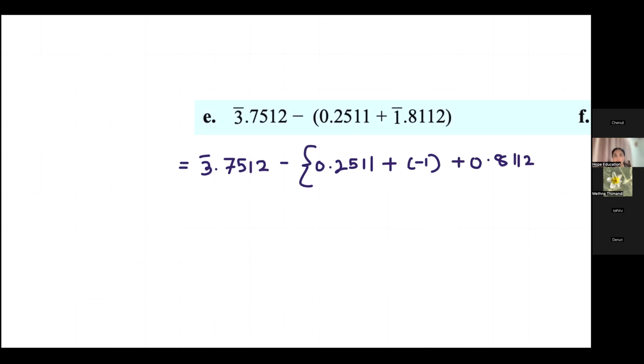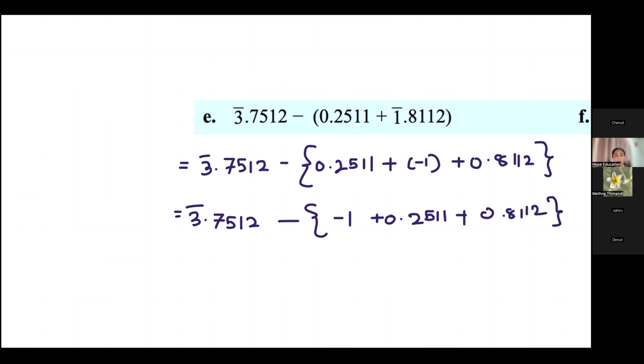A big bracket. This I will keep it outside as it is until we use it later. The only characteristic present here is minus 1. So I will write minus 1 at the beginning. Plus 0.2511 plus 0.8112.